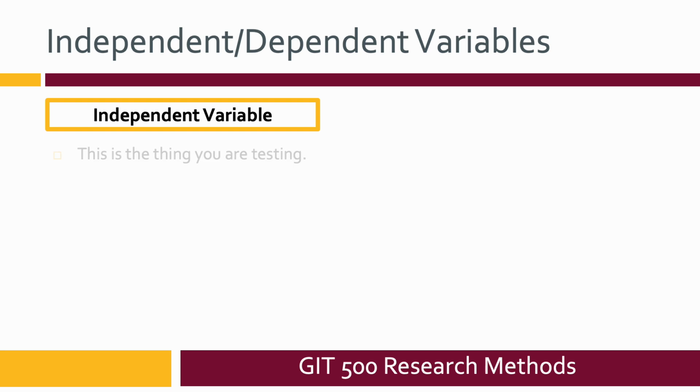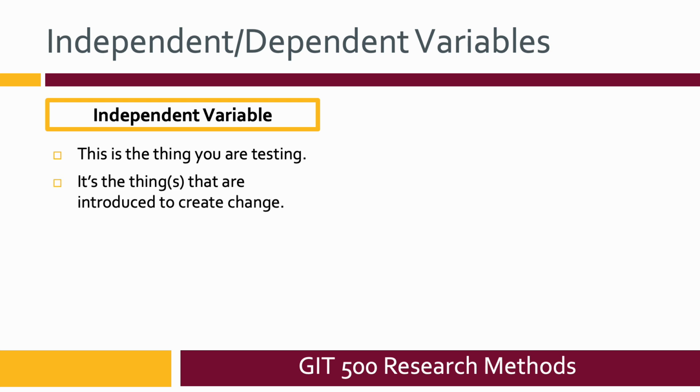Independent variables are the variables that you are testing, the variables that you want to introduce to a situation or a person and see if those things create change. And you can have multiple independent variables in the same study. It's also called the manipulated variable. So it doesn't get changed, but it creates changes.